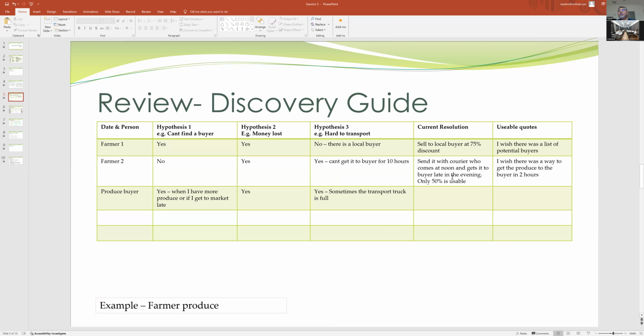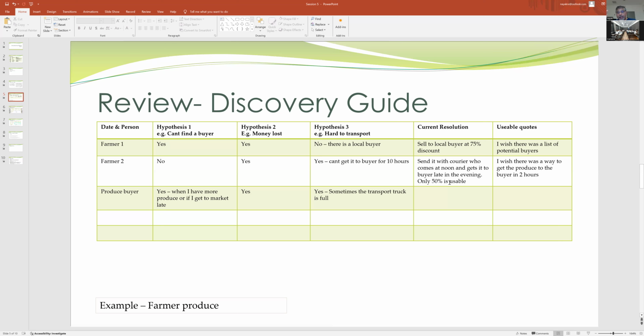Okay, what is the current resolution? I send it once I have extra tomatoes that the middleman has not bought. I have a list of buyers. I send it to one of them. I know who wants it at that point, and I send it through a courier to that person.